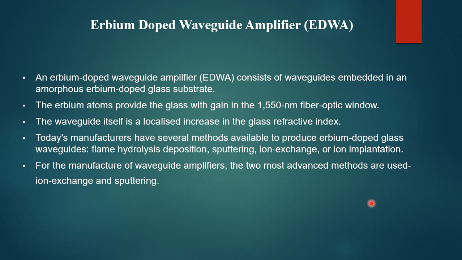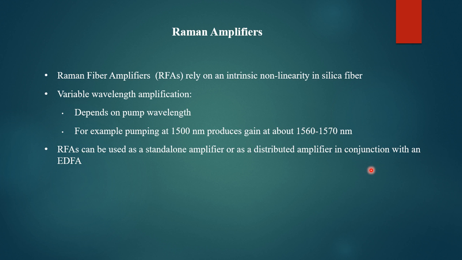The excited ions can also decay spontaneously or through non-radiative processes involving interaction with phonons of the glass matrix. For the manufacture of waveguide amplifiers, the two most advanced methods used are ion exchange and sputtering.